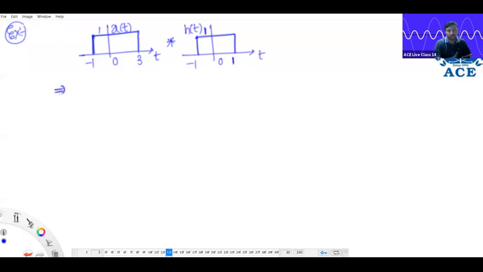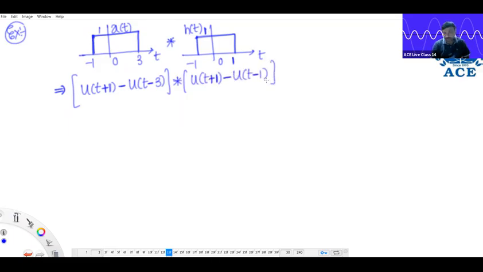Listen. How do we write the first signal in terms of step functions? u(t plus 1) minus u(t minus 3), convolved with the second one, u(t plus 1) minus u(t minus 1).